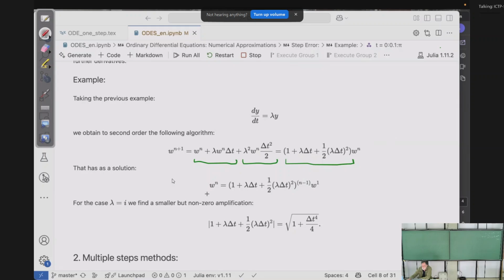So you get this here. And now you can look at the amplification factor. So for lambda equal to I, and you will get this in here. So it's a bit better because the amplification factor is still bigger than 1, but not so big. If you take delta t to the fourth small, it's small, but still it's bad.